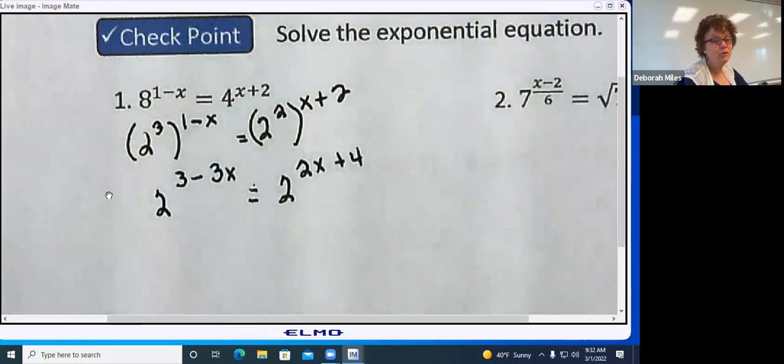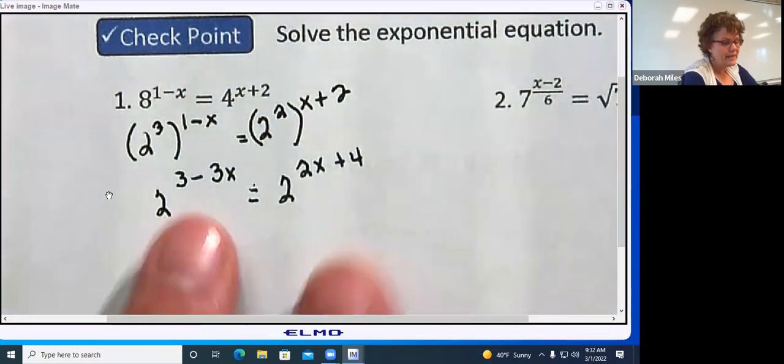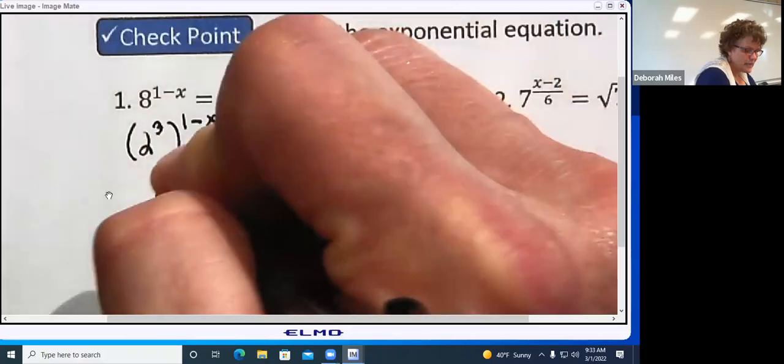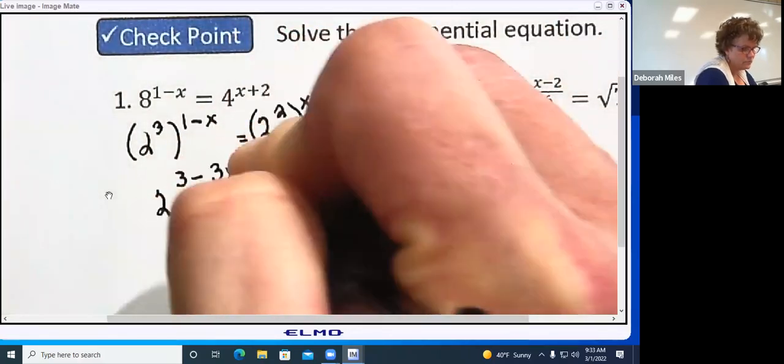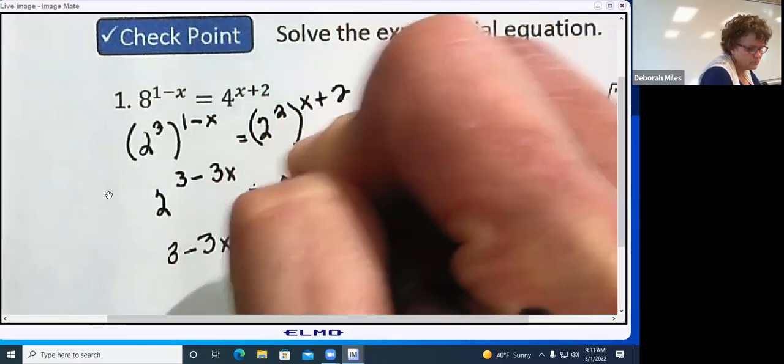And after I have both sides having the same base, then the only way these two expressions can be equal to each other is if those exponents are the same. So 3 minus 3x equals 2x plus 4.